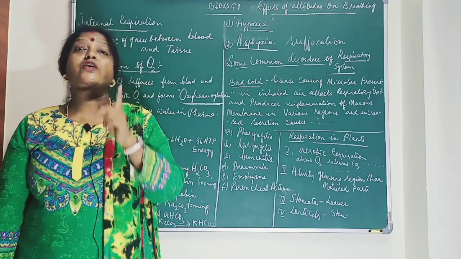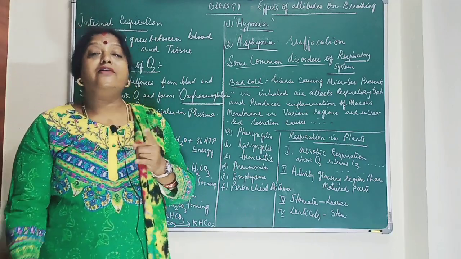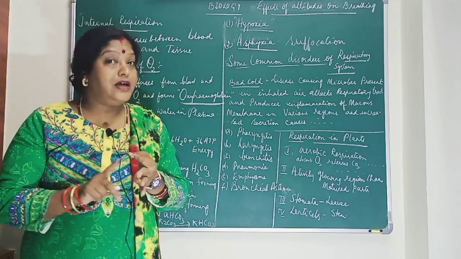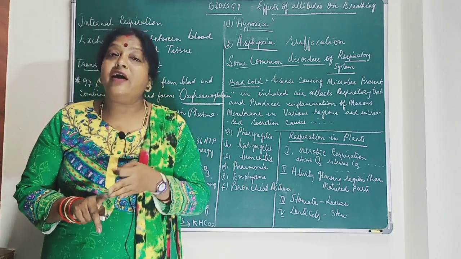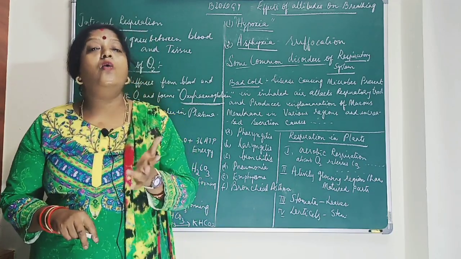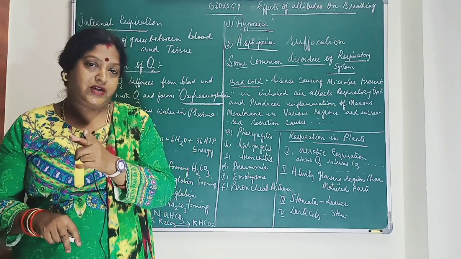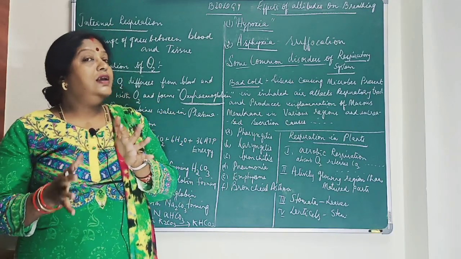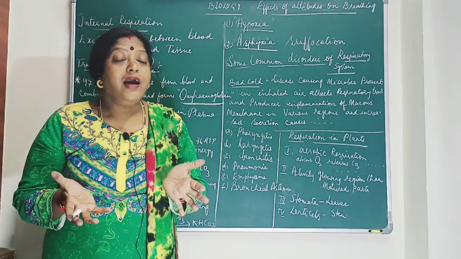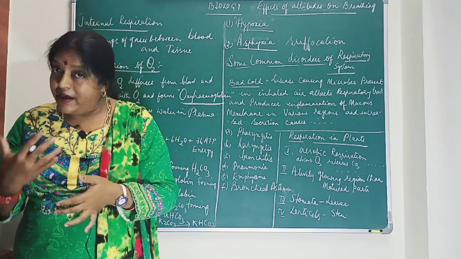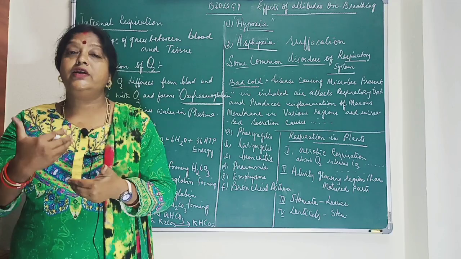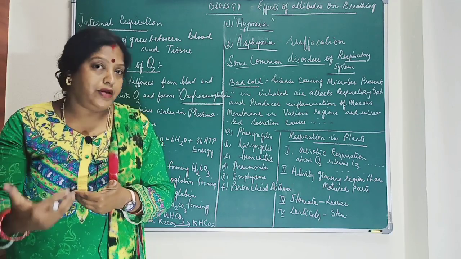Actively growing tissues like floral buds, vegetative buds, and germinating seeds respire faster than old and mature tissues. So the rate of respiration is higher in young actively growing tissues than in older and mature tissues.